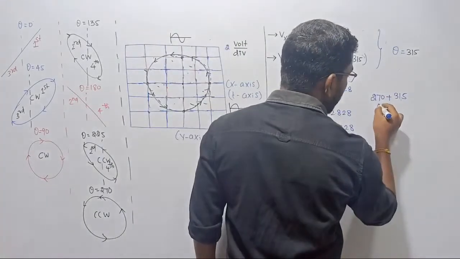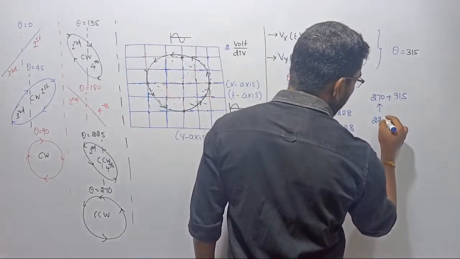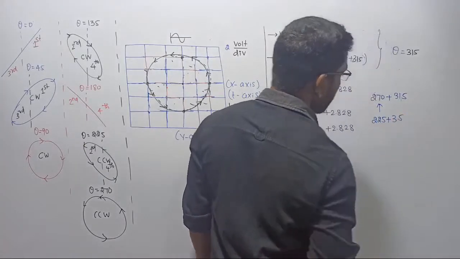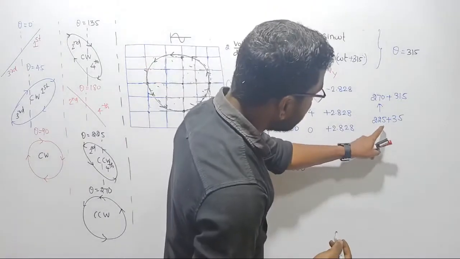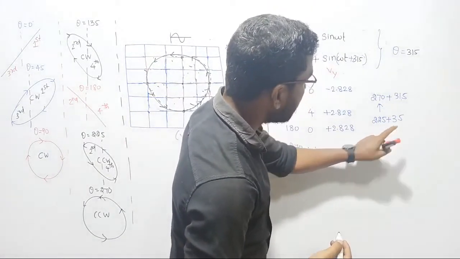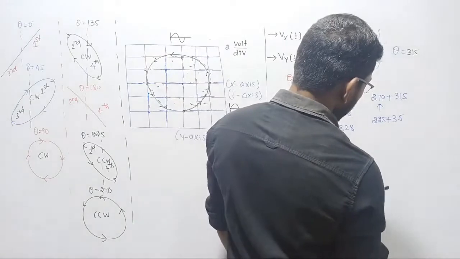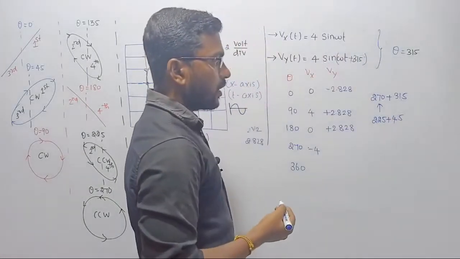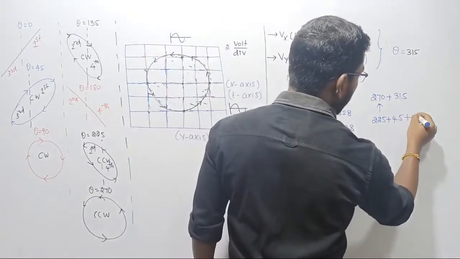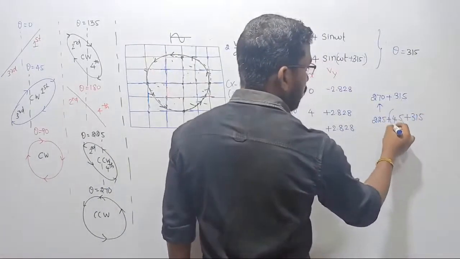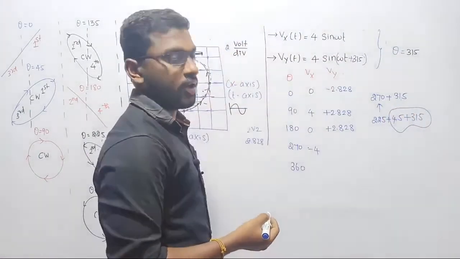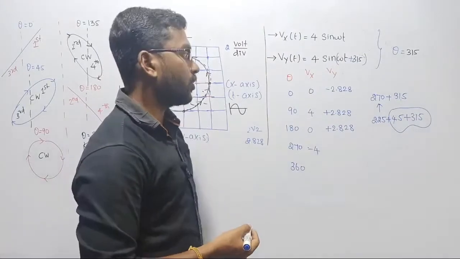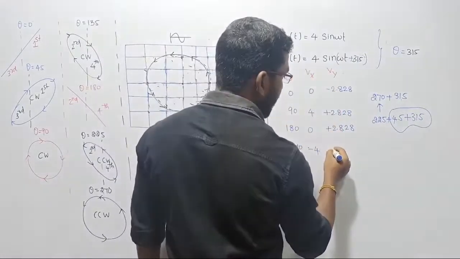This 270 can be broken as what? 225 plus 45. Wait a second, 230 plus 30 becomes 260 only, na? Yeah, this is not 270, so I have to consider 45 degree. Okay, am I correct? Yeah, this is correct. 45 plus 315 is 360, that is 0 degree. 0 degree plus 225 will become 225. Sin 225 is minus 1 by root 2. Minus 1 by root 2 into 4 will give you minus 2.828.